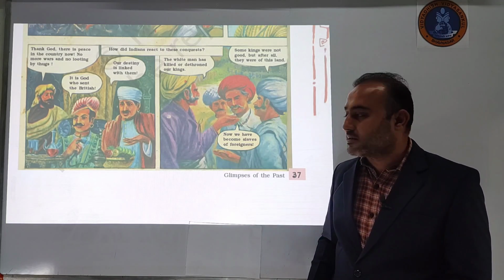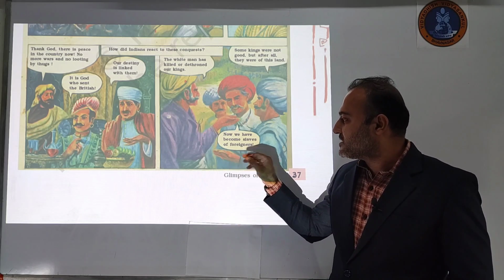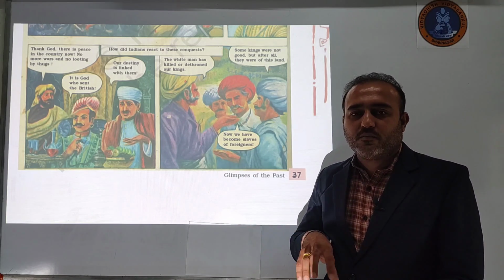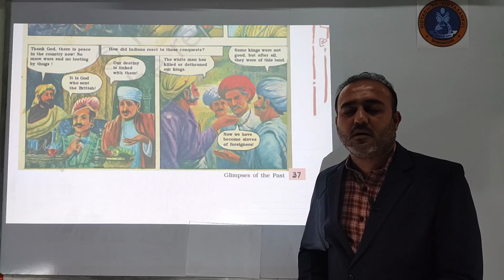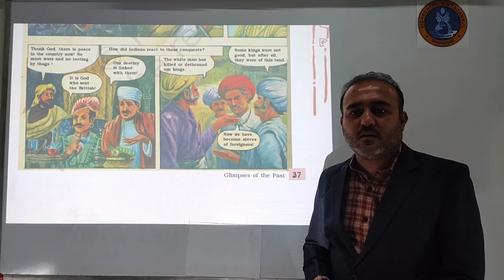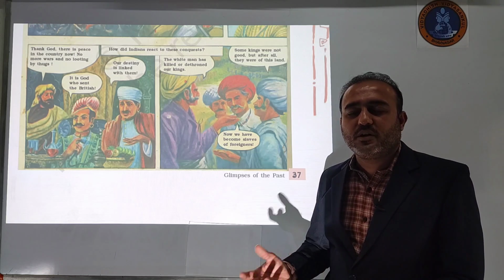Okay, that is what they are discussing. Now we have become slaves of foreigners. So these people realize that as the Britishers started capturing the kingdoms, the people of those kingdoms have become the slaves of the Britishers.